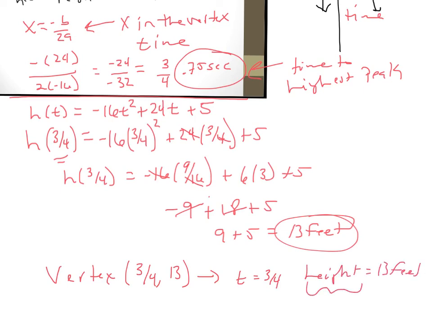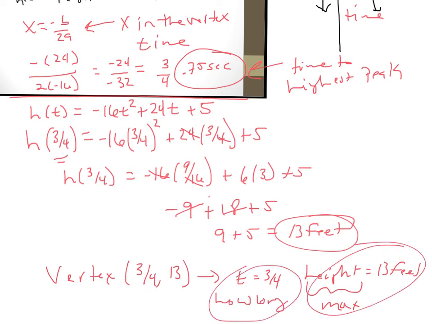This is our max height because it's at the maximum, and this is how long it takes to get there. Okay, and that answers both of the questions that were asked in the problem. So all we're finding is the vertex of the parabola. The x value is our independent variable, and the y value is our dependent variable. So height is a function of time.